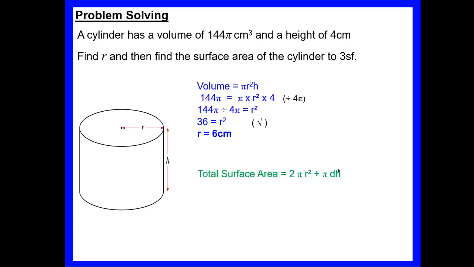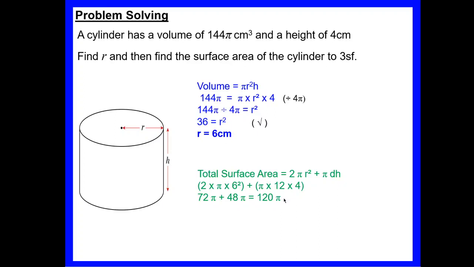And our height, we were told, was 4. So 2 times pi times the radius of 6 squared, plus pi times diameter times height for our curved surface. We work those out and get 72 pi plus 48 pi, which is 120 pi.